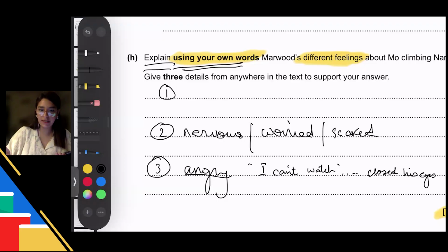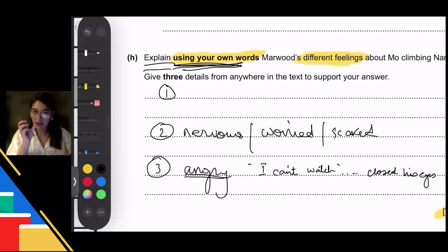I will quote this line and talk about how Marwood felt extremely angry. I'm not going to use the word furious because I'm highlighting his feeling, which is that of anger, which I know because he used the word furious when he says, I can't watch. So I'll write how he says, I can't watch, furiously, closing his eyes.